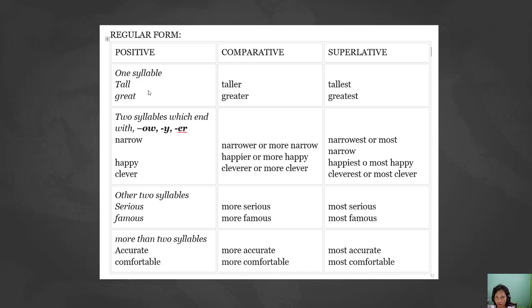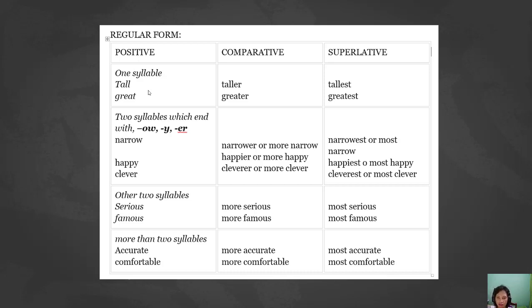So like big, bigger, you double the G, and then fat, fatter, you double the T. And also if you have one syllable ending with E, like fine and wise, you just put R for the comparative and ST for the superlative. So wise, wiser, wisest, or fine, finer, finest.